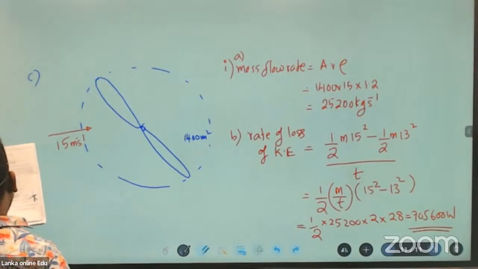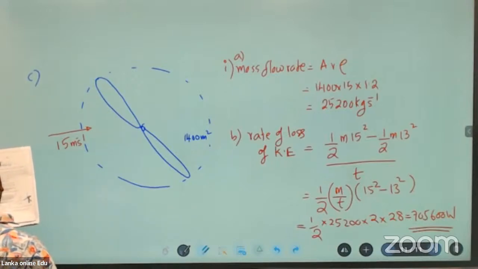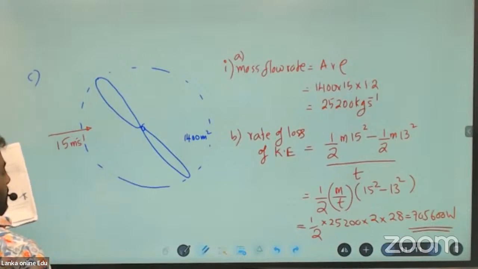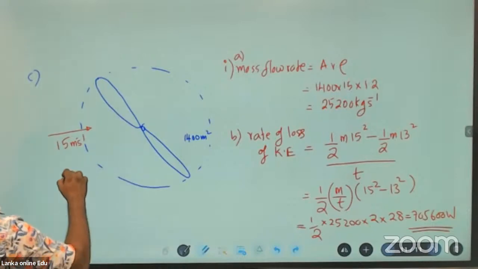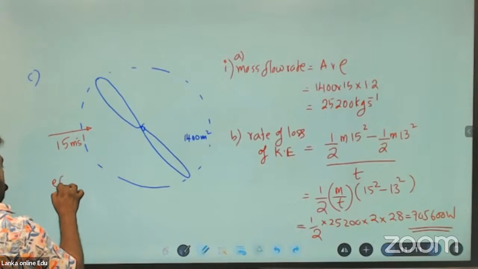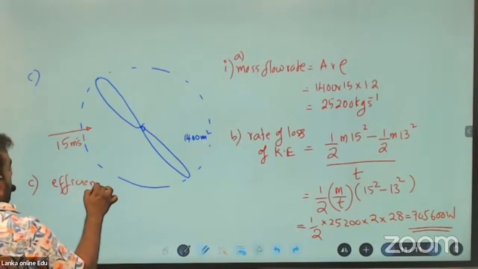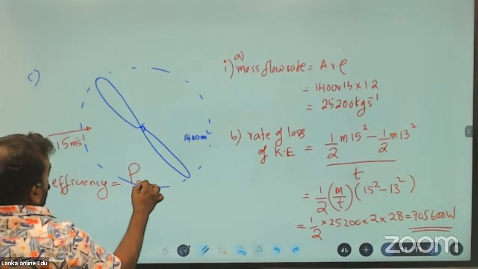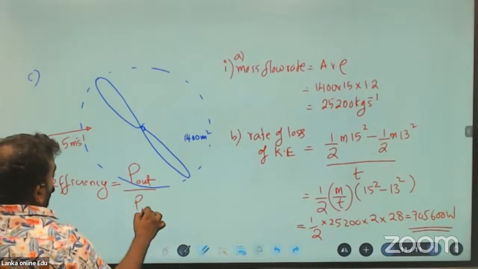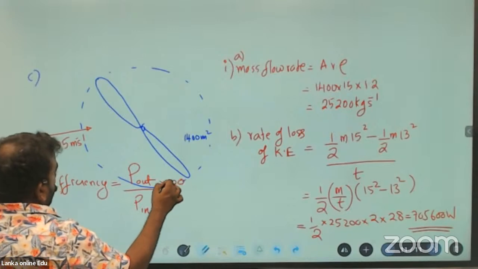Part C. Efficiency of this wind turbine is 70%. How many such wind turbines are needed to get an output of 1000 megawatt? Efficiency is power output over power input multiplied by 100.